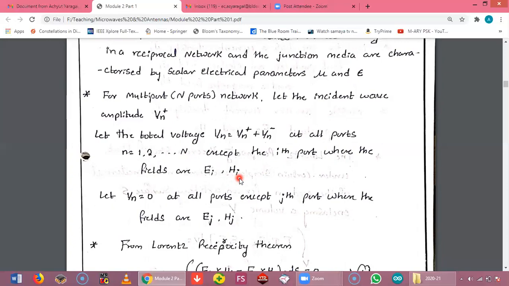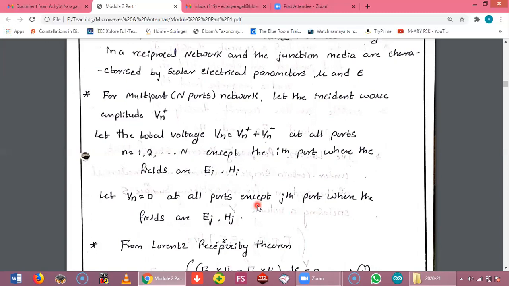Now let us consider another case where Vn, the total voltage, is equal to 0 for all the N ports, except the jth port, where Ej and Hj are the electric and magnetic fields.